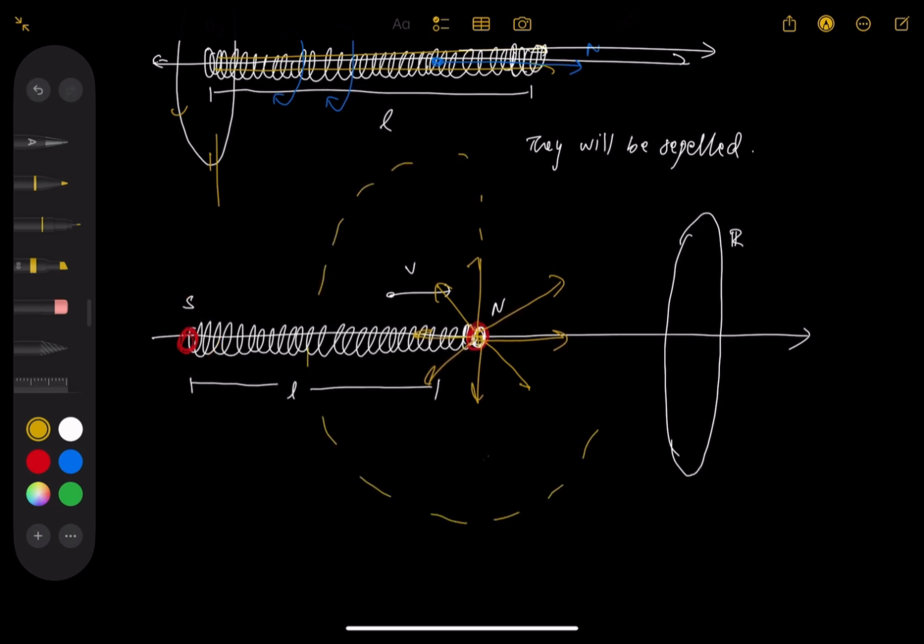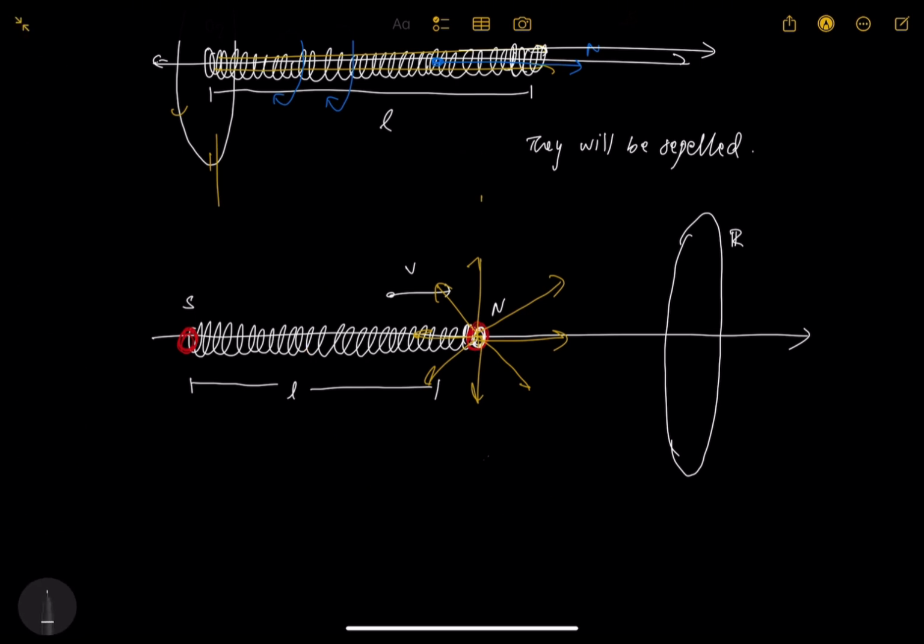Draw a sphere around the North Pole of an arbitrary radius z, and evaluate what the flux will be through this bulged part that subtends an angle theta. That is what the problem is basically saying when we say that we want to evaluate the flux that passes through this Amperian loop.